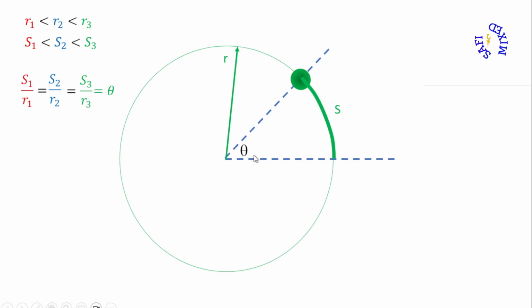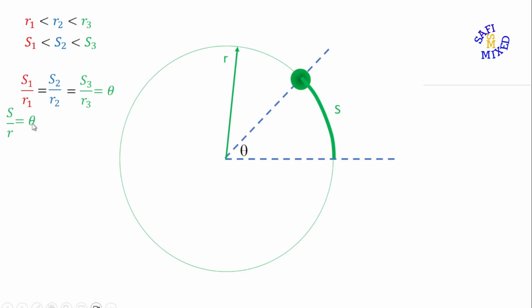Then this relation for any circle is written in this form. That is, the ratio of the arc length S to the radius R is exactly equal to the central angle. Now let us observe this equation.